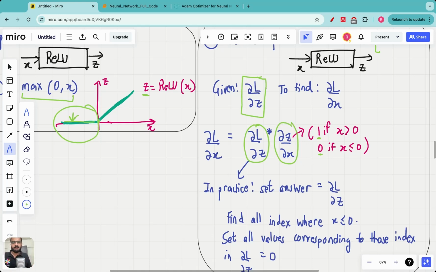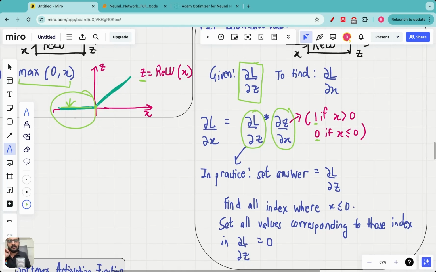The way we do it in practice in Python is that to find the partial derivative of loss with respect to ReLU input, first we'll just set the answer to be the partial derivative of loss with respect to ReLU output. Let's say the answer is equal to this. Then we will look for all the x where x is less than or equal to 0, and we'll find those input indexes.